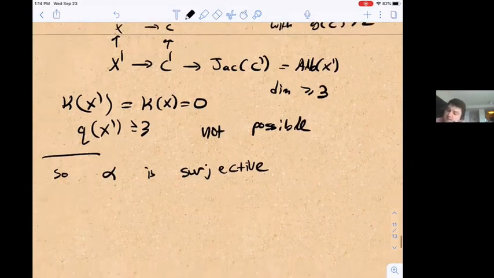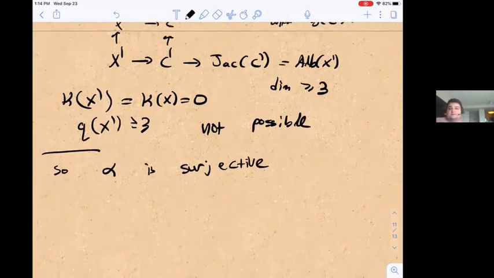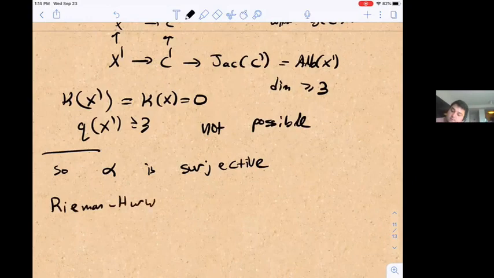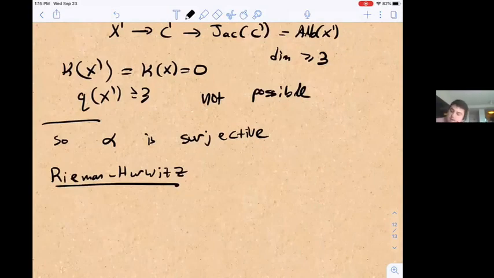Okay, and now once we know that alpha is surjective, that means that it's generically finite. And now we can write down the Riemann-Hurwitz formula for the canonical divisor, which essentially in higher dimensions just says that if you have an unramified map, the canonical pulls back to the canonical.